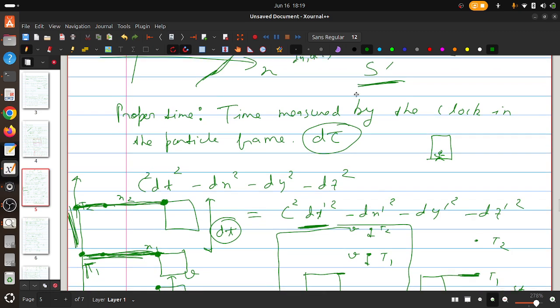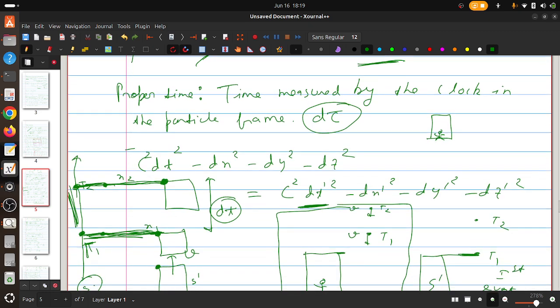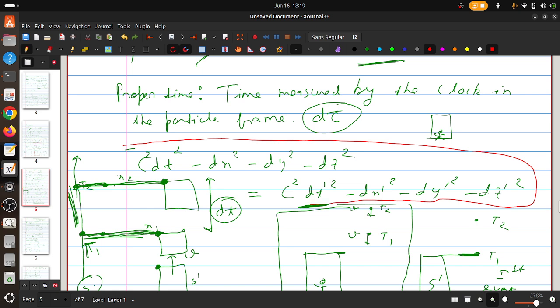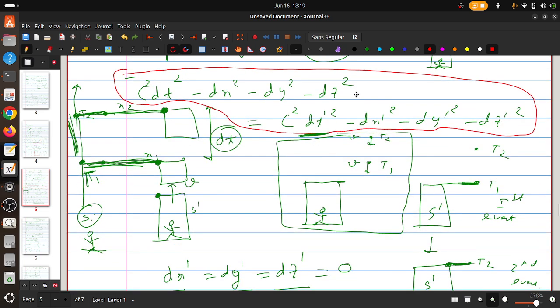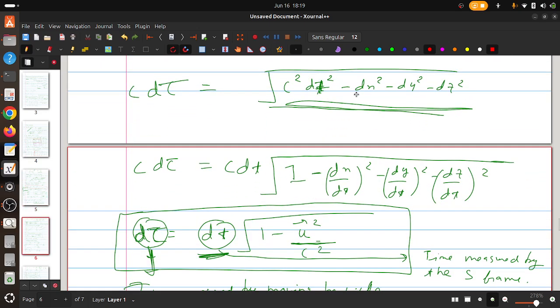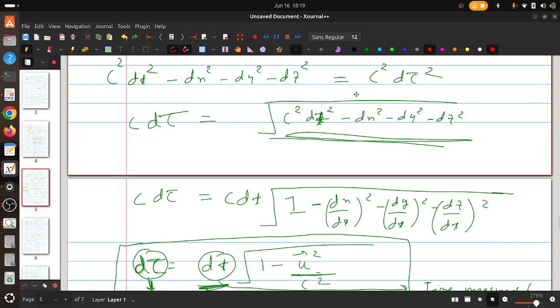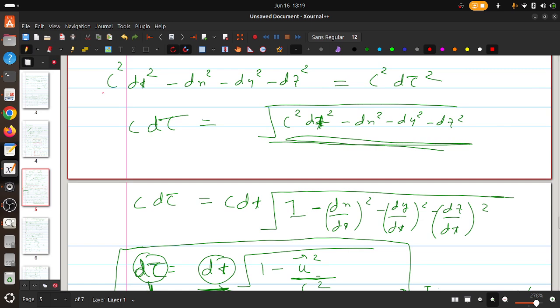Now we can write this space-time invariance, and put dx prime, dy prime and dz prime equal to 0, and dt prime is simply d tau, because that is how we define the time measured in the moving particle frame. Doing some algebra, we can write this here.